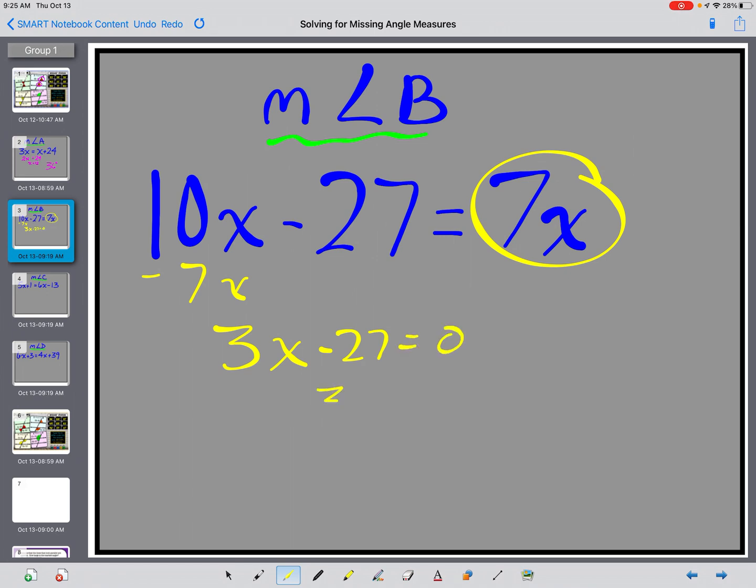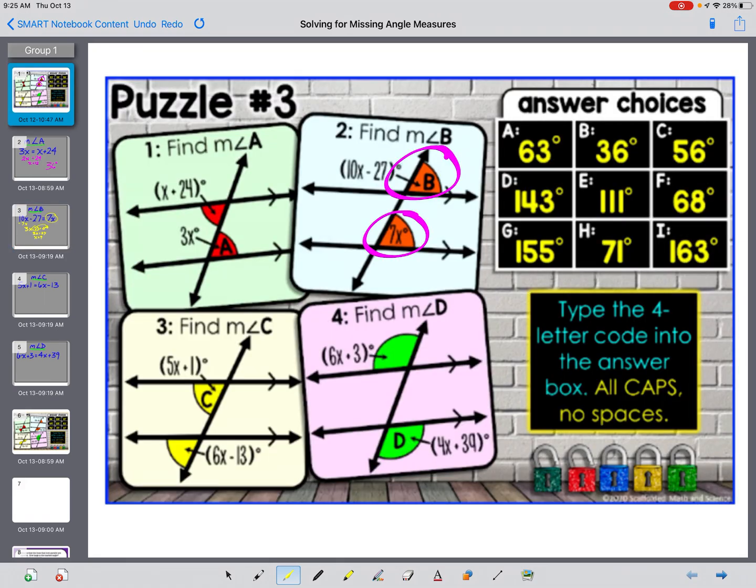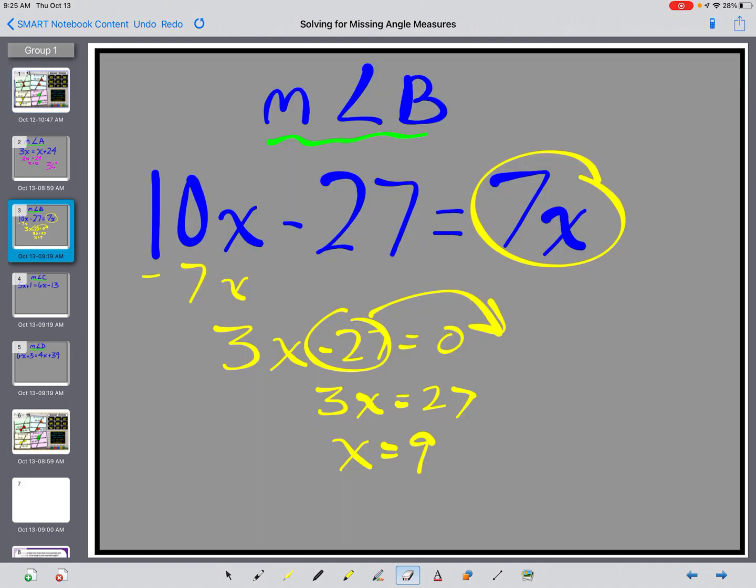But of course it's just going to be 3x equals 27 after we add the 27 here. X of course now equals 9. Substitute x into one of the expressions, and we'll use 7x for that one. And so it's 7 times 9, which is 63. So the measurement of B is 63 degrees.